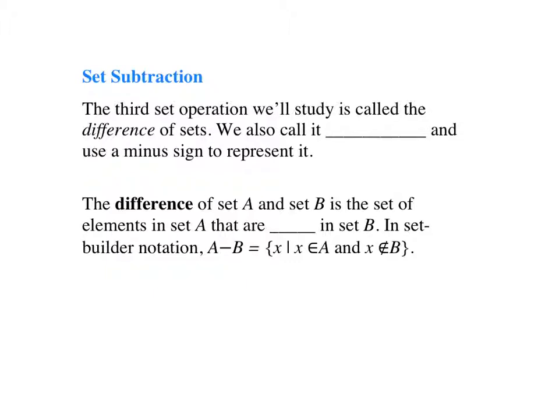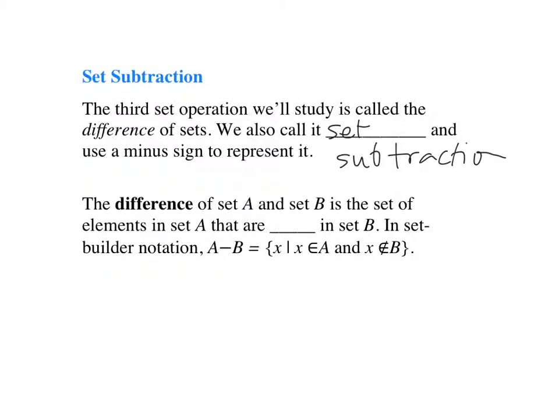Subtraction. I actually really like this part because it makes life a lot easier. So subtraction, we often use the word difference, right, or takeaway, and it's no different in set theory. So the more formal terminology is set subtraction.